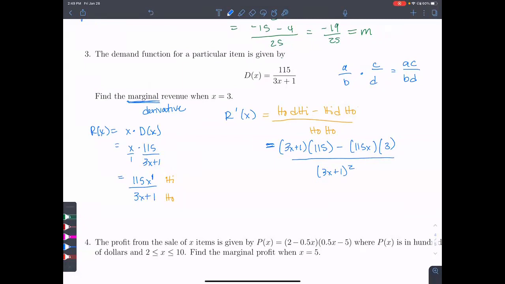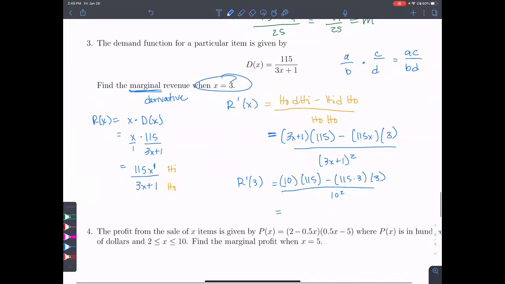And then if you want to know the marginal revenue when x is 3, you're going to do r prime of 3 and just plug in the 3, use a calculator or Desmos to do this. 3 times 3 is 9, plus 1 is 10, times 115, minus 115 times 3 over 10 squared.